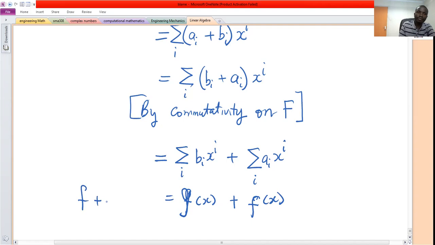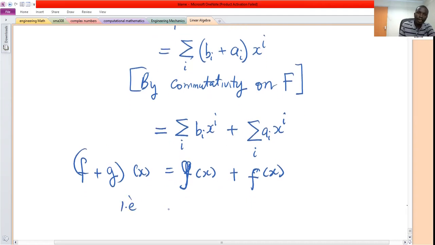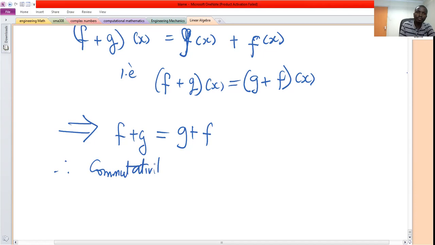So remember we had f plus g, that is, f plus g is the same as g plus f. This means that f plus g is equal to g plus f. Therefore, commutativity on this set of polynomials holds.